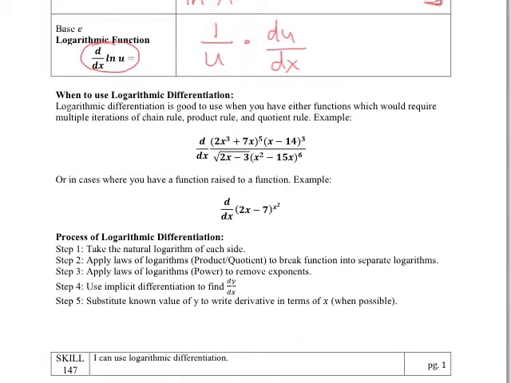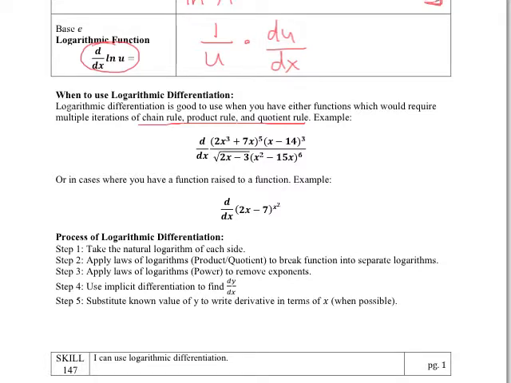You can see that we have a quotient, and within that quotient we have a product, or another product here, and within that product we have the chain rule. Using those 3 things, we would actually create a nightmare of problems to track. So we use logarithmic differentiation, which makes it a lot easier to find the derivative of this.